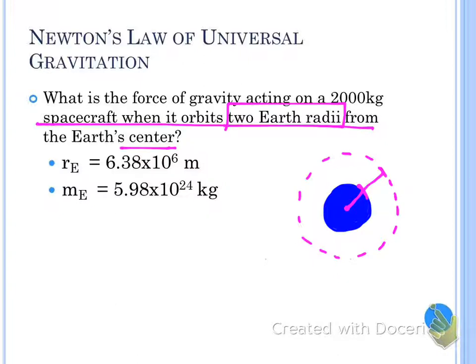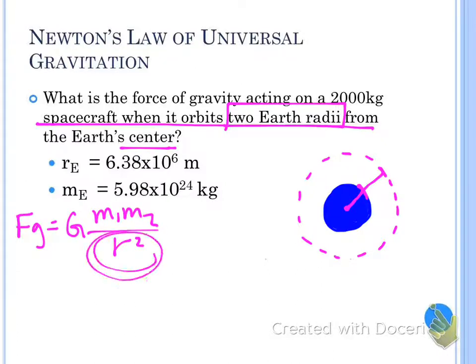So whenever we plug a radius into this equation, Fg equals G m1 m2 over r squared, it's always the distance from the Earth's center to the object. If we're ever comparing something to the Earth and we plug in the radius, it's always going to be from the Earth's center to the object.